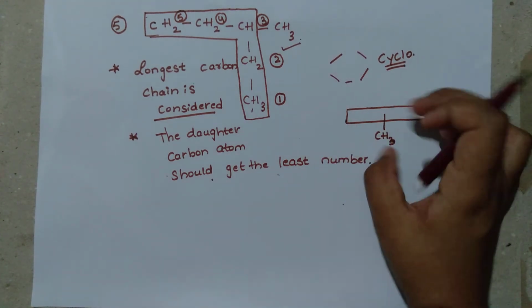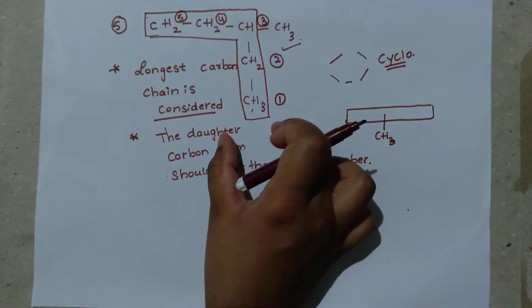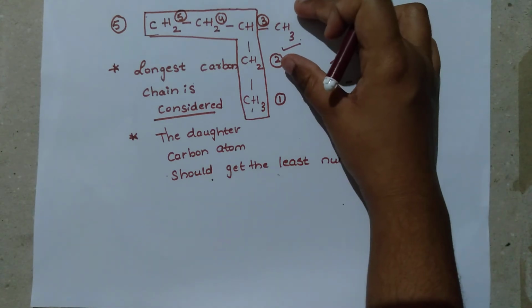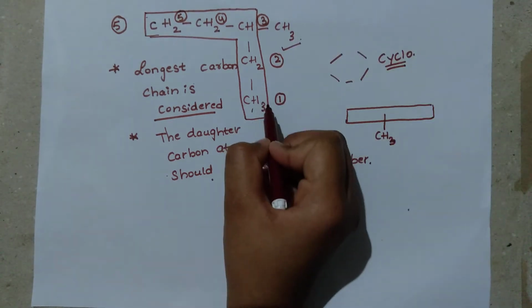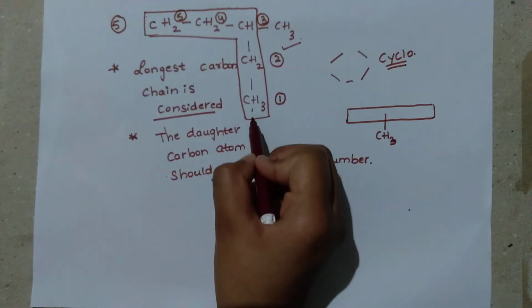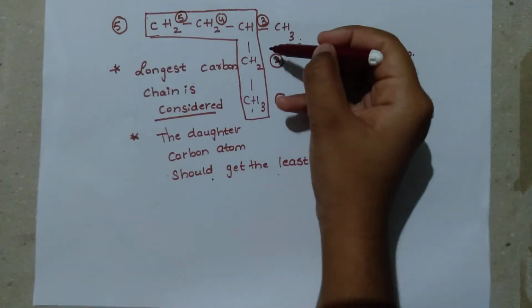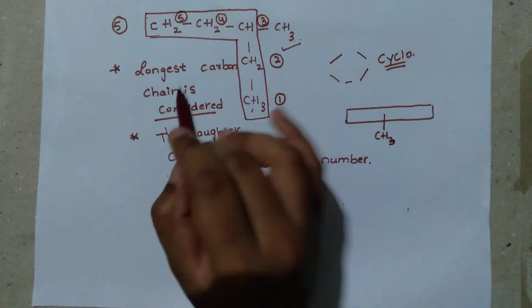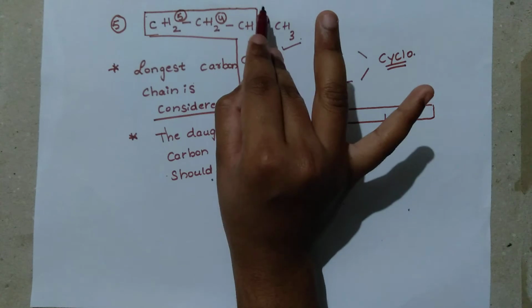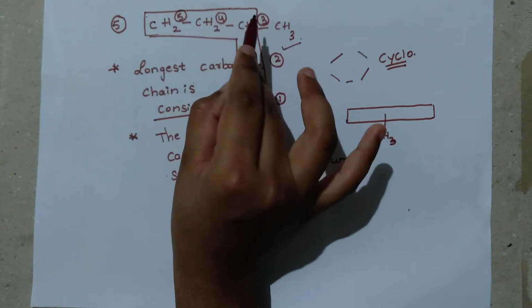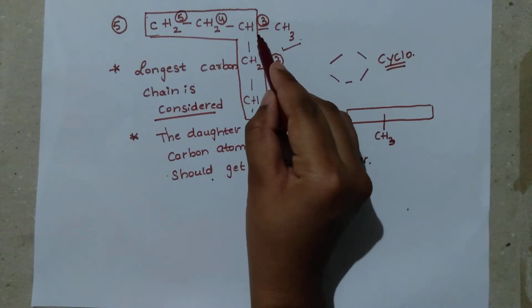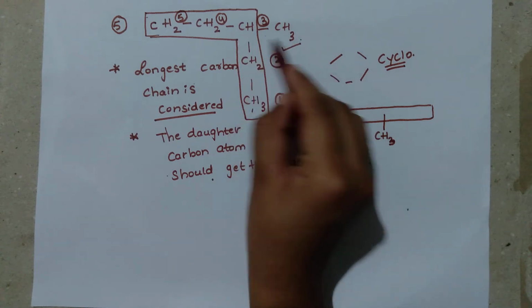In the same way this is a different structure. So we need not take the number for the substituent, only for the parent carbon chain. So how many carbons are there? 5 carbons. If we take numbering from here, 1, 2, 3, 4, 5. So the number for the daughter chain remains the same.